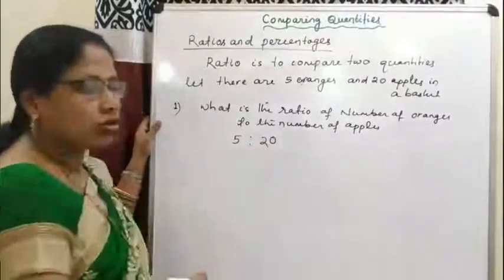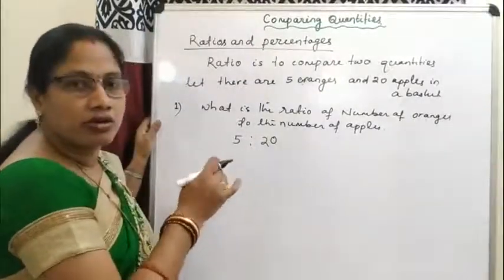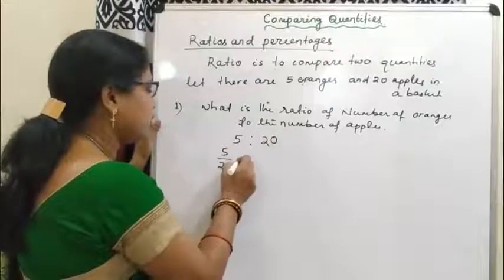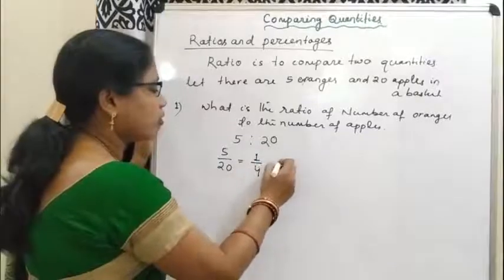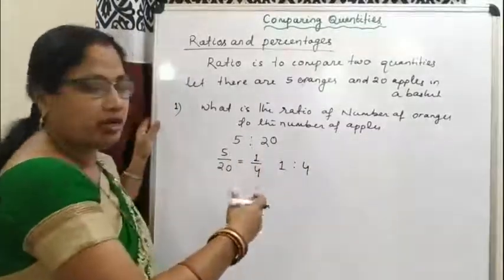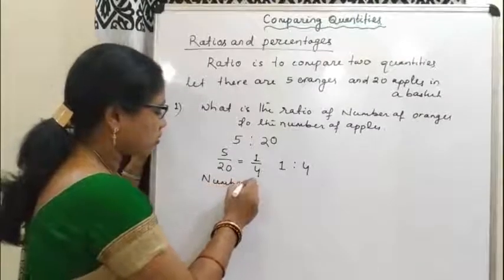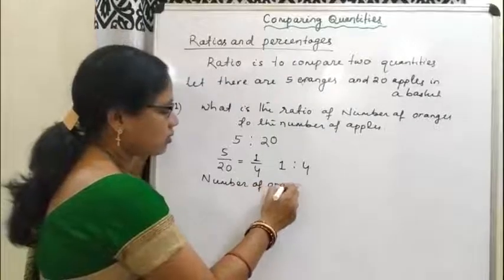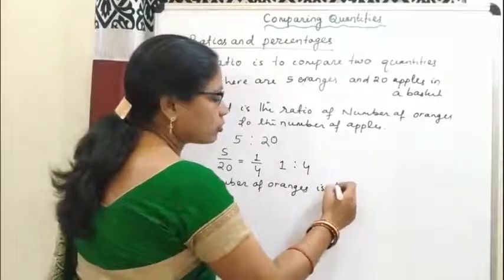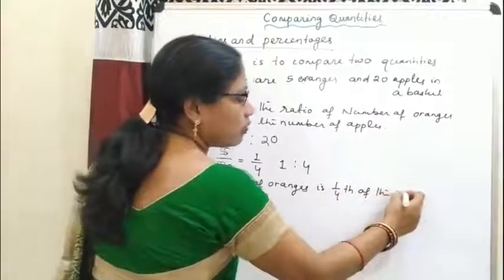So 5 is to 20. So we use fraction to find a ratio. That means the ratio is 5 by 20. So this is equal to 1 by 4. So 1 is to 4. So it can be said in other ways that the number of oranges is 1/4 of the number of apples.